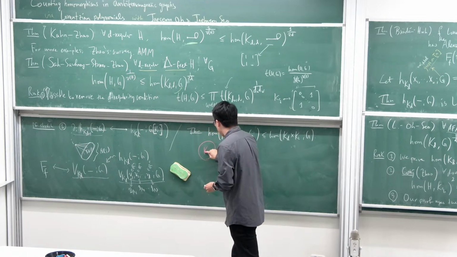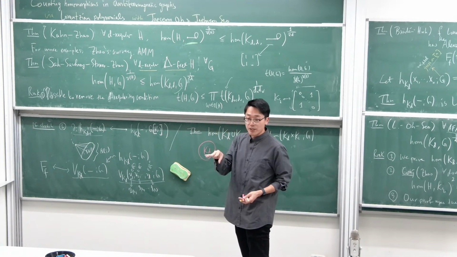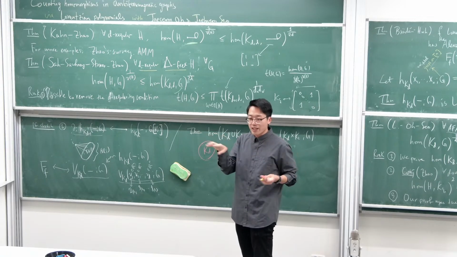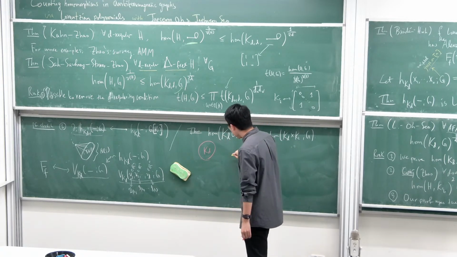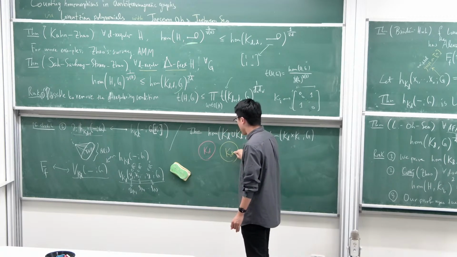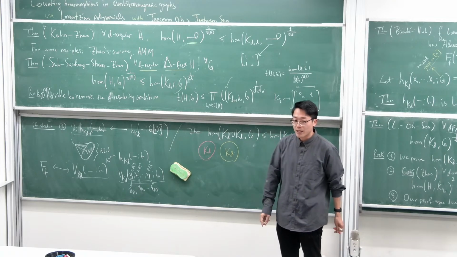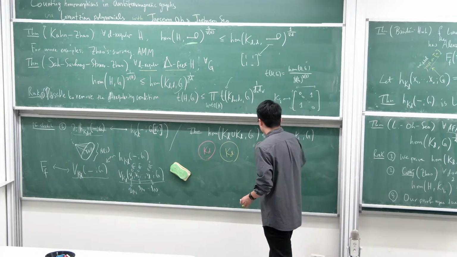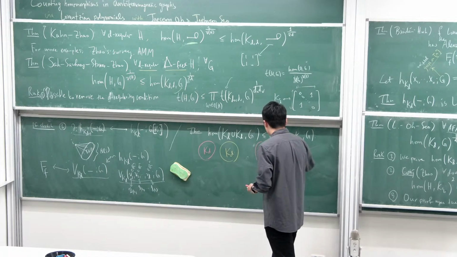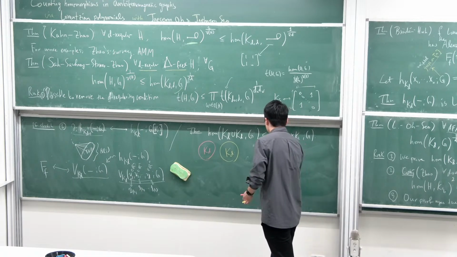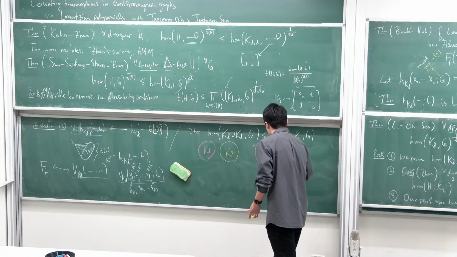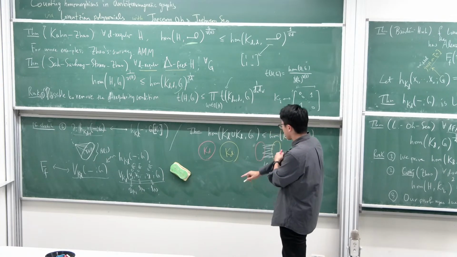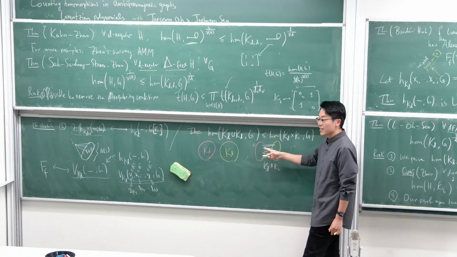On one hand, I want to count a red copy of K_d, which means I only use red vertices. Suppose I have some red vertices spread around, and I also want to count a yellow copy of K_d, and I want to compare this with K_d times K_2 that crosses between red and yellow.